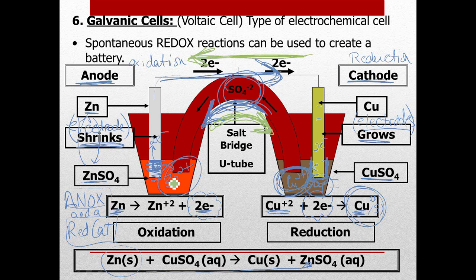The zinc that fell off would go back onto the electrode, so the zinc +2 ions would go back, and the copper would fall back into solution as copper 2+. Now what happens is you never get back to where you were before. You can't have 100% replacement, and that's why eventually your battery dies, even a rechargeable battery, because you never get back to where you were originally.